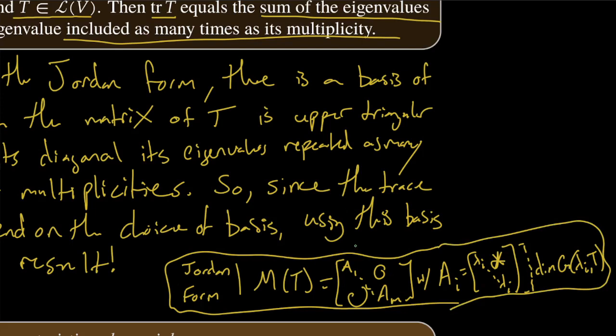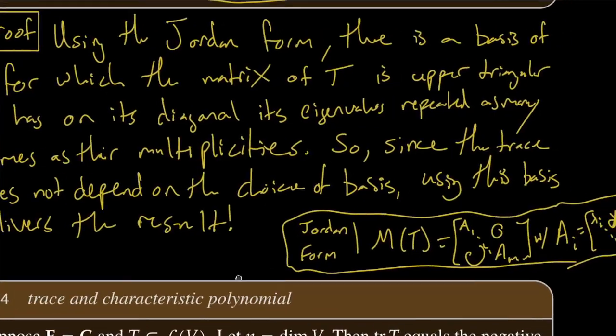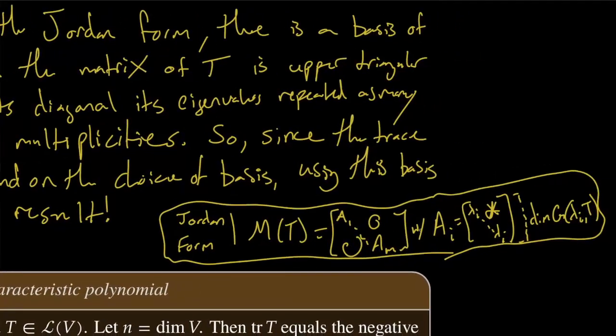So basically it said, hey, you can't make every matrix diagonal, but you can make it block diagonal, and those blocks can be pretty nice, at least. They can be upper triangular and have just the eigenvalue on the diagonal as many times as the dimension of the corresponding generalized eigenspace. That is, its multiplicity. So, just using that basis, all you have to do is take the trace, you're summing up, and you're done.